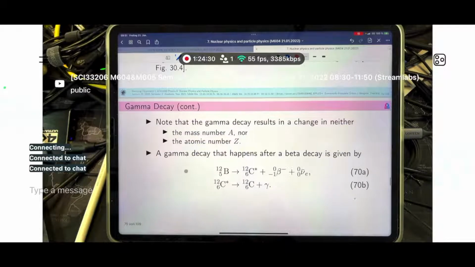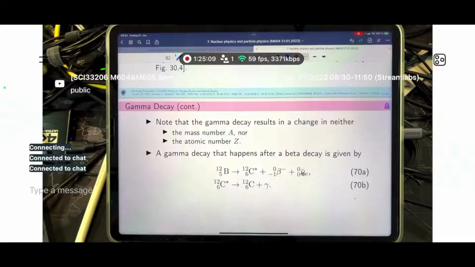Gamma decay that happens after beta decay is the following. For example, boron 12 turns into carbon 12. But the carbon nucleus here is still in the excited state with vibration, and of course this is the beta minus process, right? One neutron turns into a proton, so it releases an electron, and to be precise, we have an electron antineutrino whose mass is still unknown nowadays.